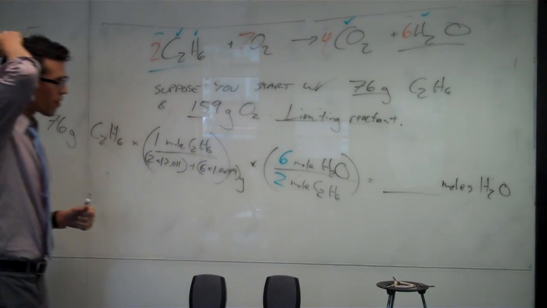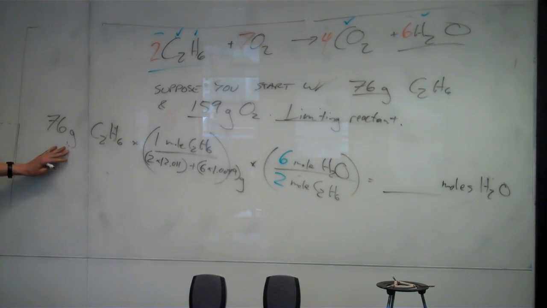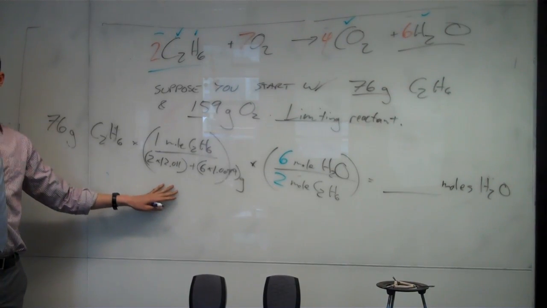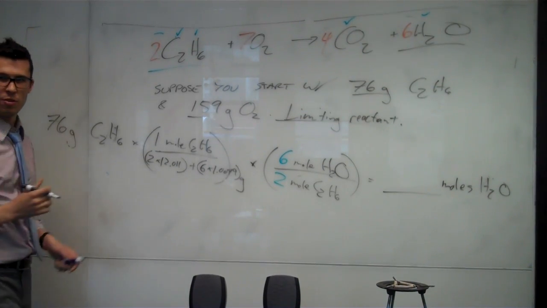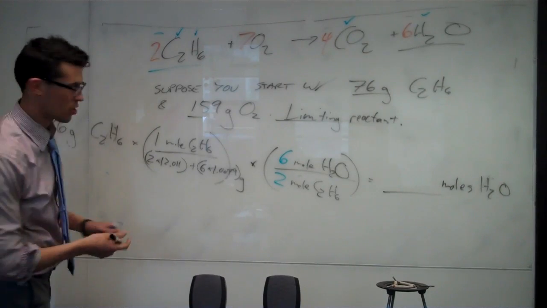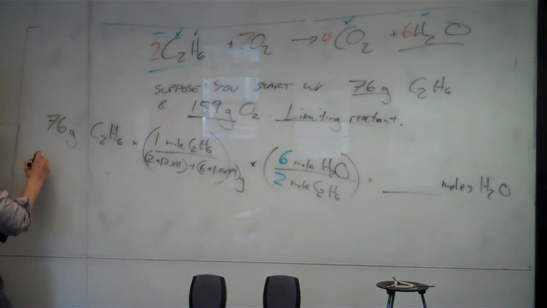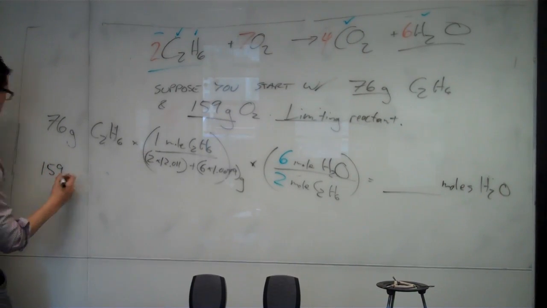Okay? So that's just for one reactant. And you can go through these numbers right here. I'd like somebody to try this while we go through the next one. So someone can put that in your calculator and tell me what you get. Right now I'm going to go through the other reactant. I'm going to do the oxygen, 159 grams O2.